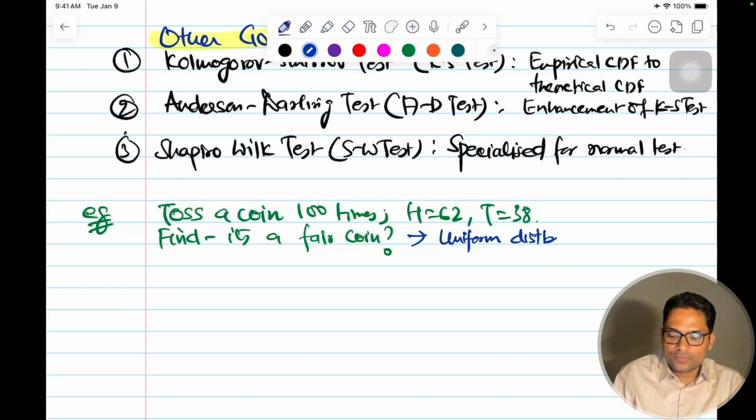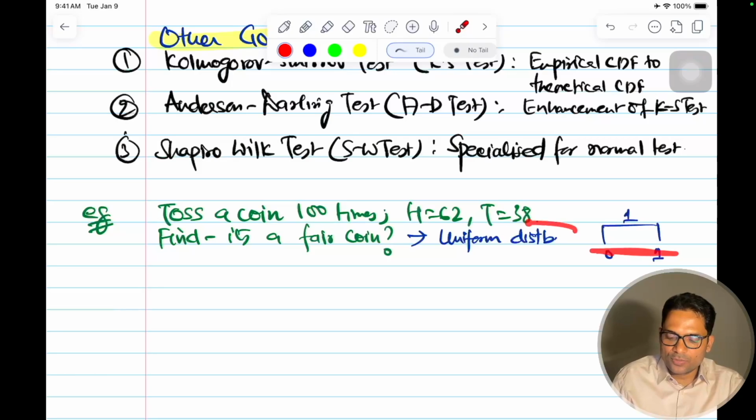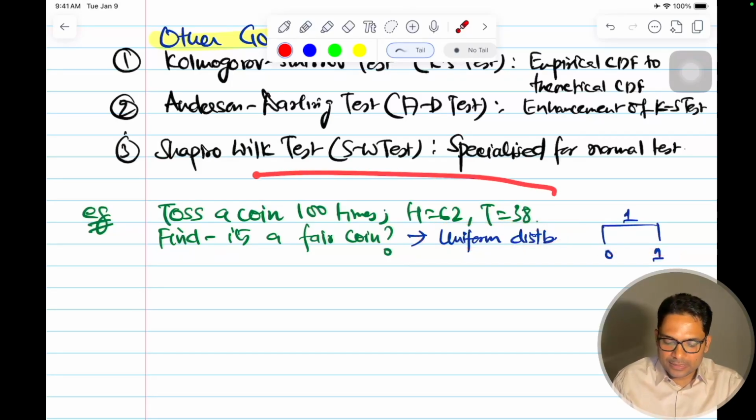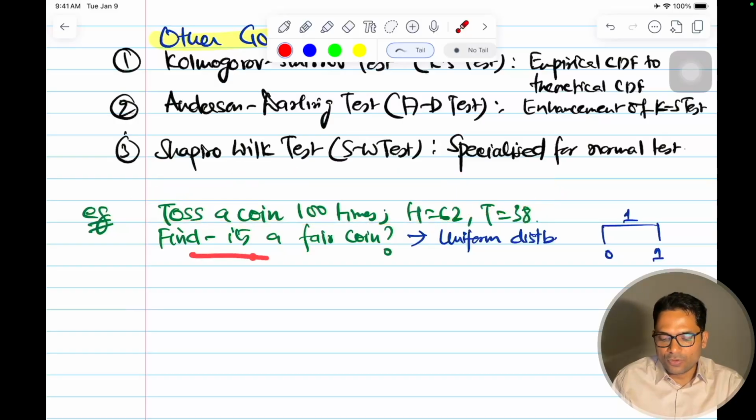The probability of 0 and 1 is half each, and if we are doing continuous, then the height is 1. Every value between 0 and 1 has equal probability. So this is a uniform distribution, and we want to confirm whether this observation follows a uniform distribution or not.